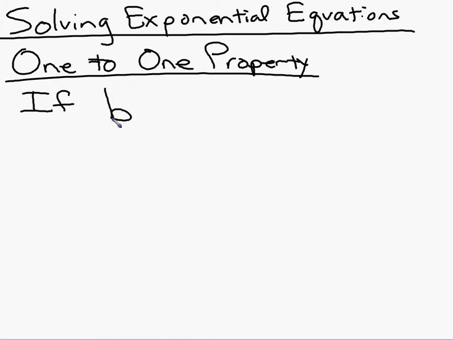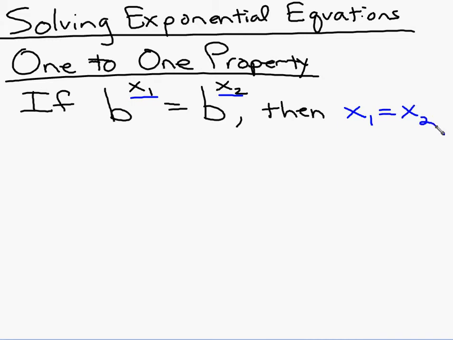If b to the x sub 1 equals b to the x sub 2, if I know that is true, then I also know, and it makes sense, that x sub 1 must equal x sub 2.